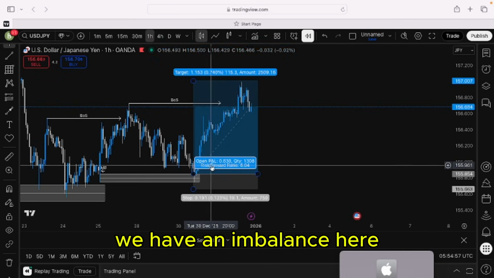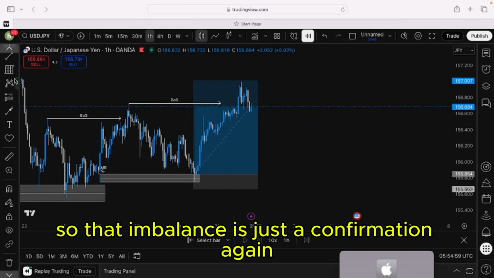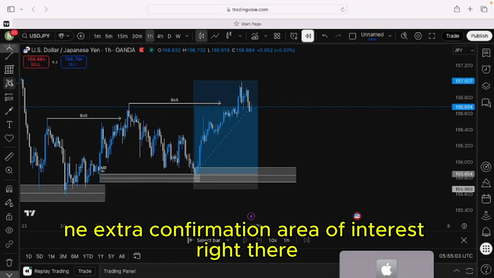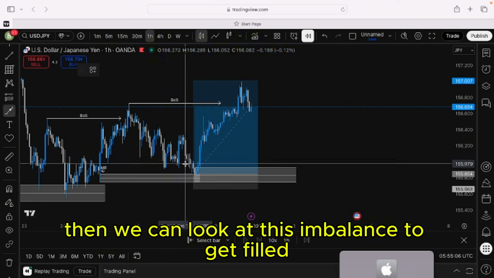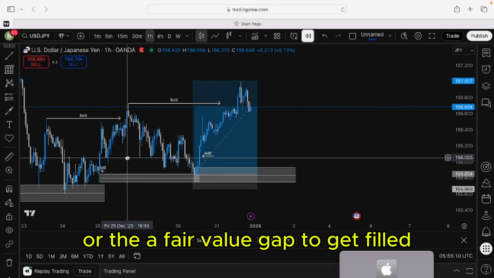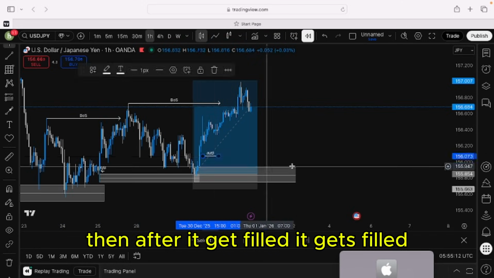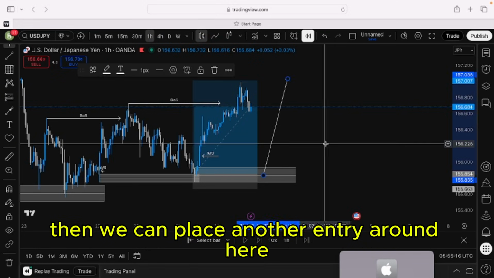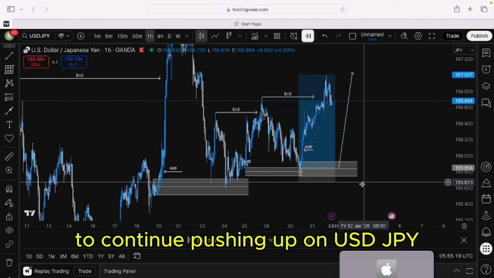Look, we have an imbalance here. So that imbalance is just a confirmation again, extra confirmation, area of interest right there. Then we can look at this imbalance to get filled, or the fair value gap to get filled. And then after it gets filled, we can place another entry around here to continue pushing up on USDJPY.